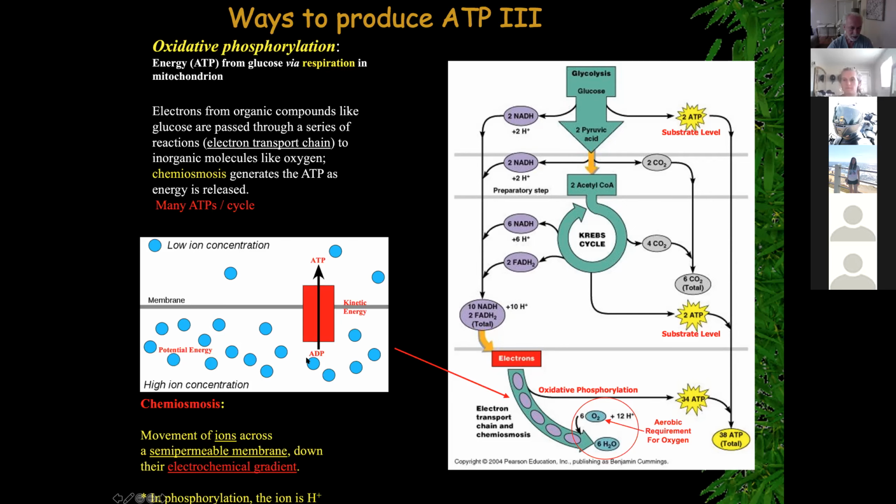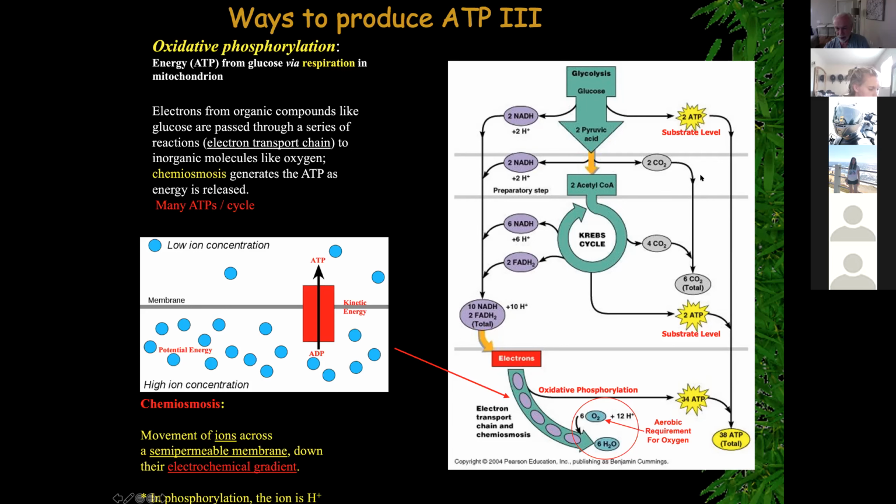Then the ions can move passively through a channel that contains an enzyme called ATP synthase, and that converts ADP to ATP. Chemiosmosis is defined as the movement of ions across a semi-permeable membrane down an electrochemical gradient. And in phosphorylation, the ion is usually a proton.